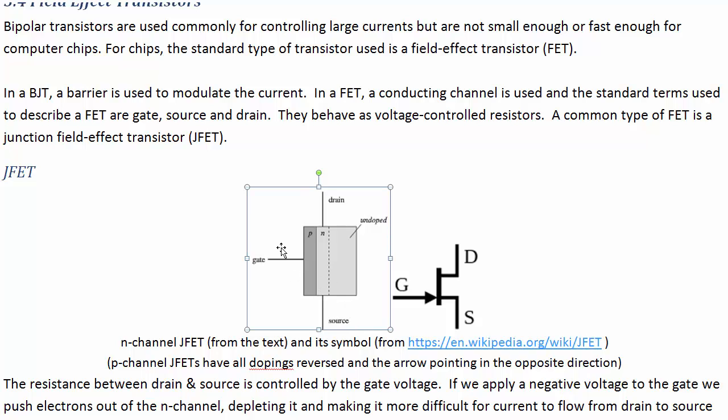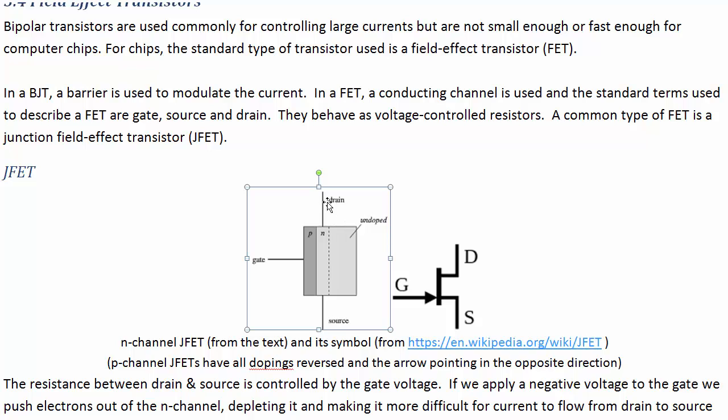If you apply 0 volts at the gate relative to the source, then current can flow from drain to source. But if you apply a negative voltage here and reverse bias this diode, then you force these charge carriers out of this region, increasing the depletion region of these diodes, which stops current from being able to flow between drain and source.